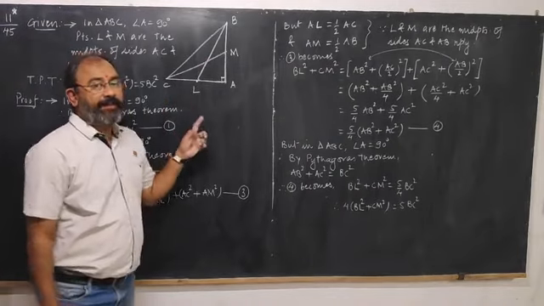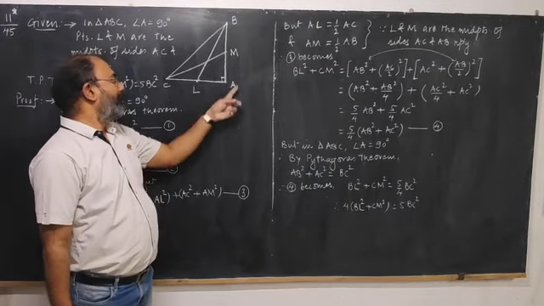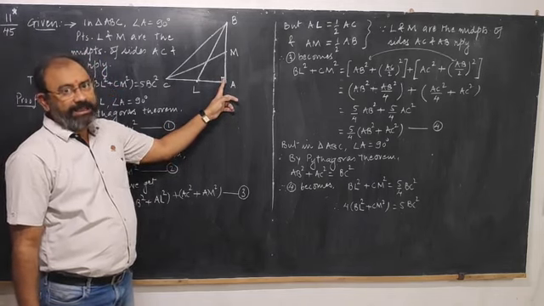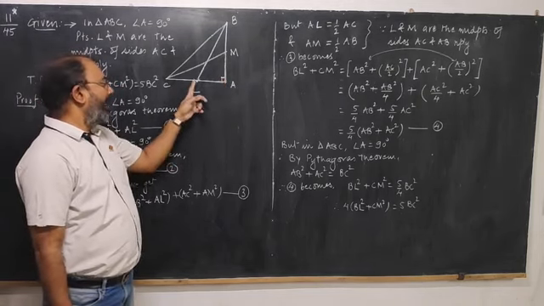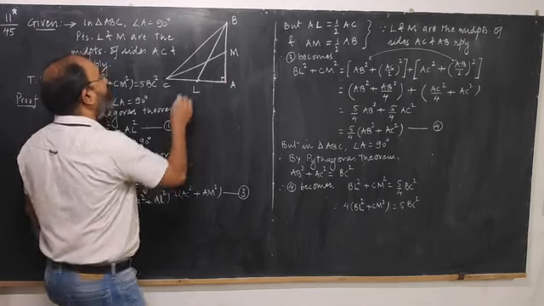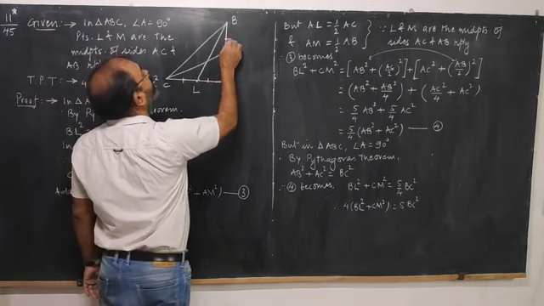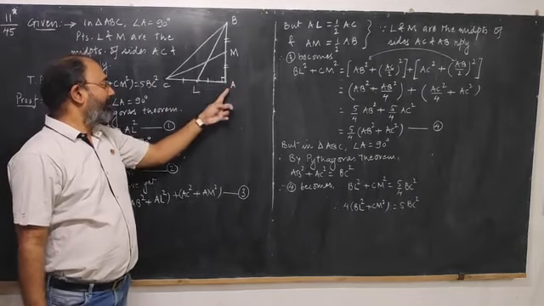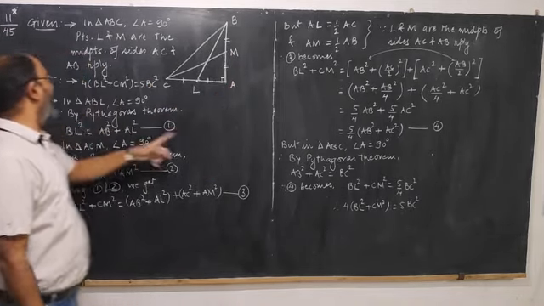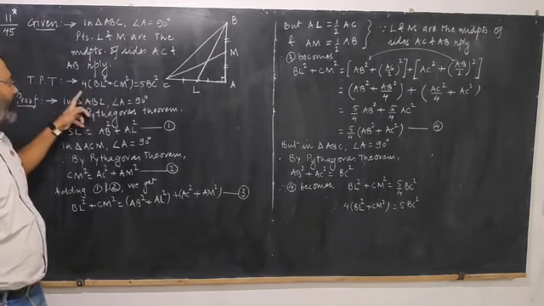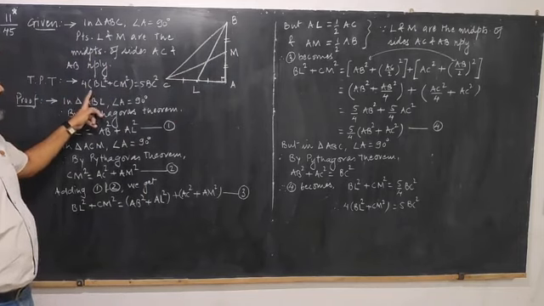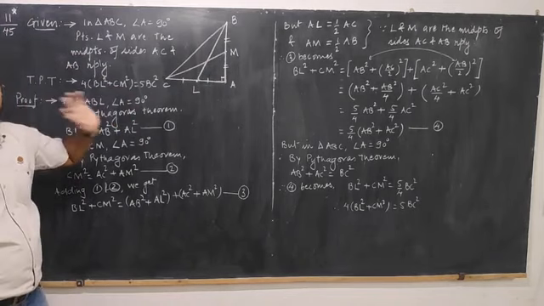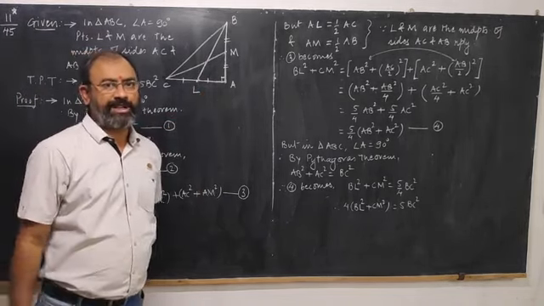In the problem it is given that triangle ABC is a right angle triangle, angle A is a right angle, and L and M are the midpoints of AC and AB. We want to prove that 4 times (BL square plus CM square) is equal to 5 times BC square. So some result is expected.